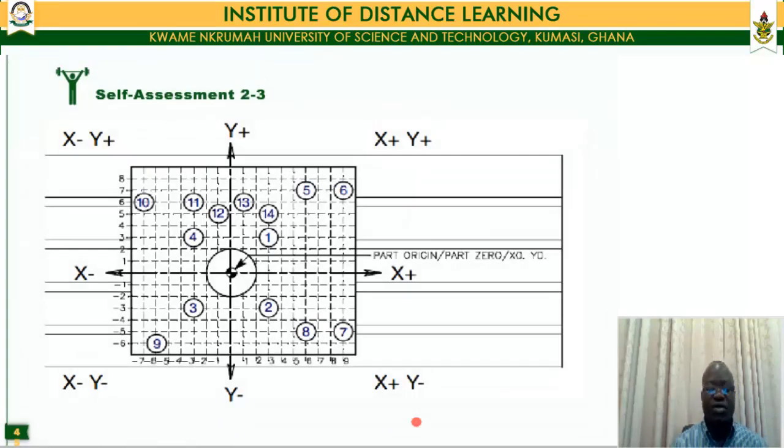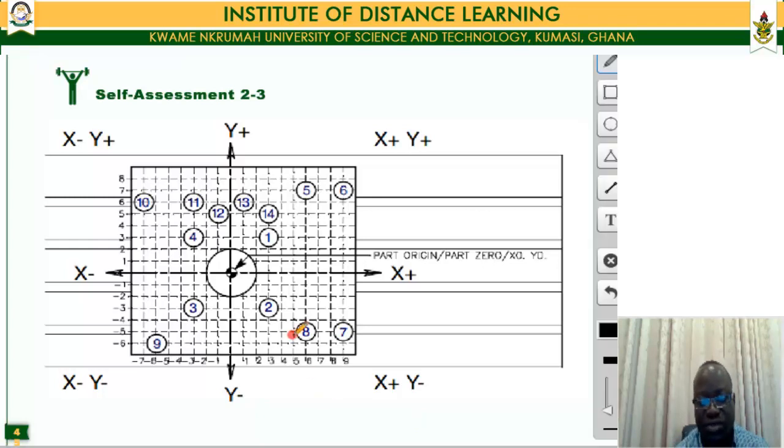By way of some self-assessment, I want you to try this. We have a grid page. That grid page has some number points here: 1, 2, 3, up to about 10 or 14. Each of the number points gives you an idea of the coordinates. So if you take for instance point 1, each grid is 1 unit. So the x travel is 1, 2, 3.